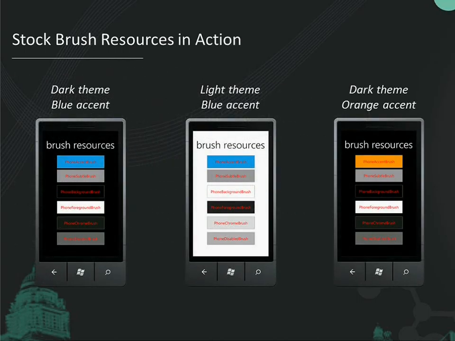As an example, when a user purchases their Windows Phone and sets it up, or any time thereafter for that matter, they can choose between a light theme and a dark theme, black background, white background. They can also choose an accent color, which among other things determines the color of a lot of the tiles out on the start screen, but also shows up in other places.